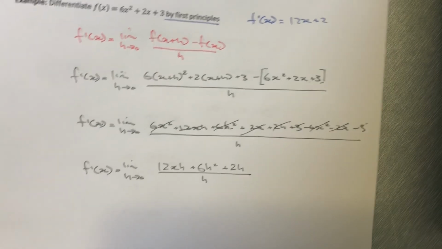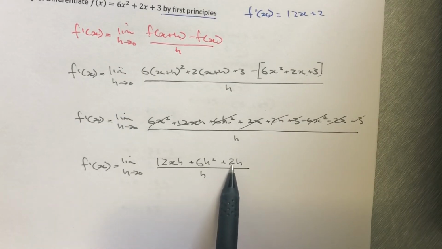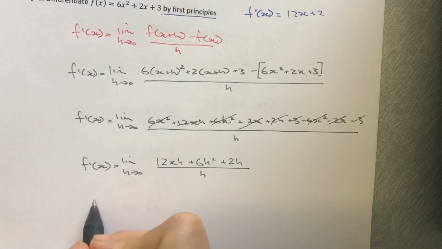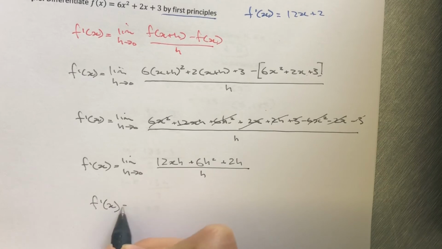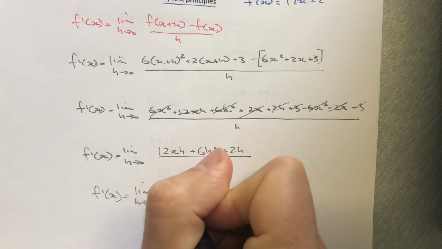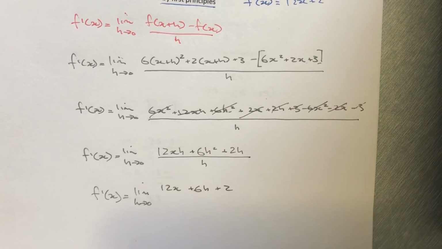Alright, now we can see that there's an h in this term, an h in this term, an h in this term, and it's divided by h, so we're going to get rid of some of those h's. So it'll become 12x plus 6h plus 2.